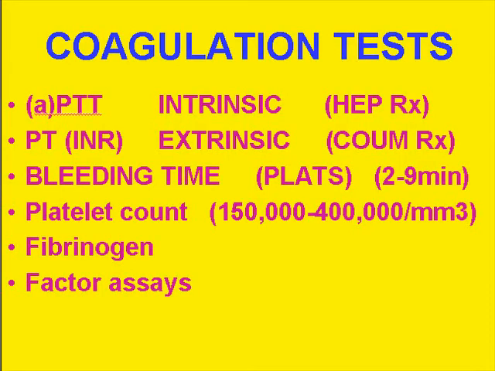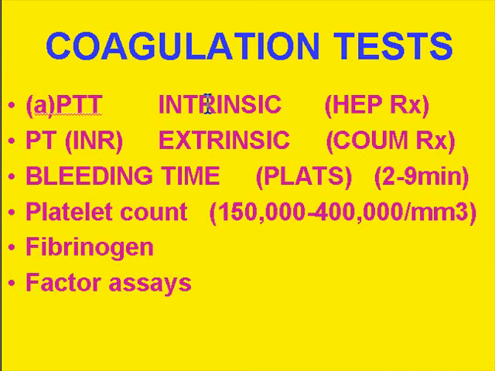Let's also try to make coagulation testing as easy as we can. In the old days, we called something PTT and PT. And PTT was generally a test to measure the intrinsic pathway, and PT was the extrinsic.